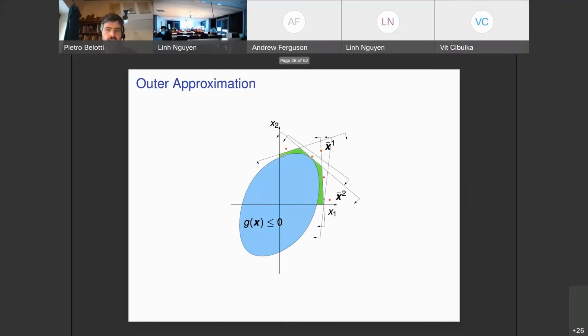Then the resulting set will be this, assuming, of course, that x1 and x2 are also non-negative. The resulting set will be obviously a superset of the part of the ellipsoid that is in the first orthant, and it's a superset that is also a polyhedron, which means we now can use linear programming techniques in order to find the lower bound for every branch and bound node.